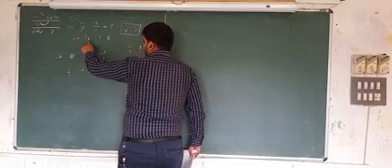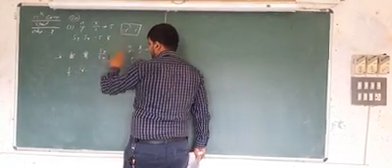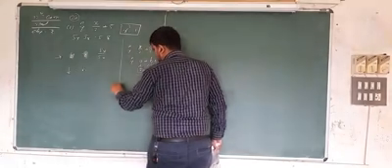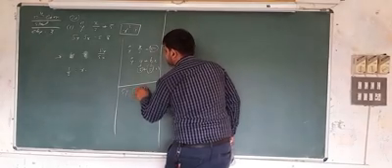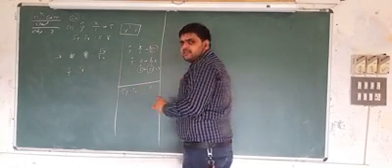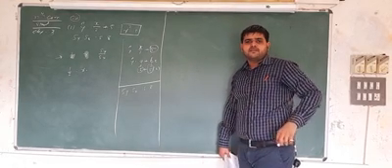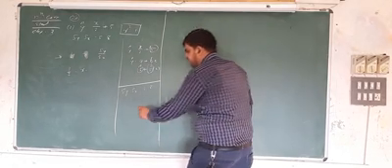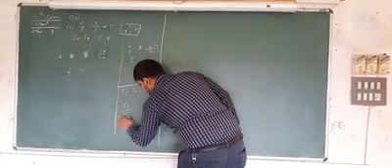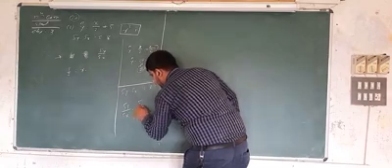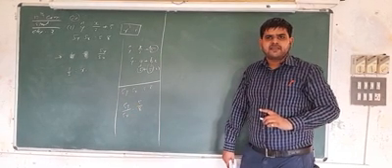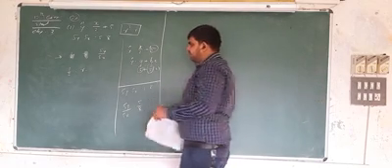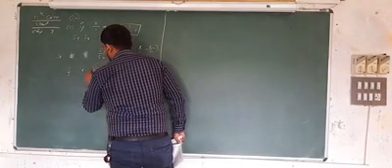Now sy by sx, 5 and 8. This is the first working. Second working: as we discussed yesterday, sy and sx are 5 and 8, and we put this information in the division. So sy by sx is equal to 5 by 8.